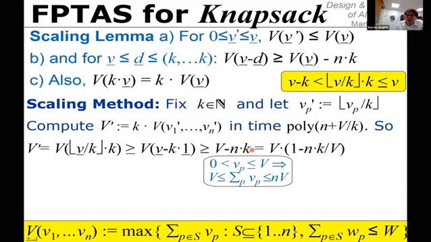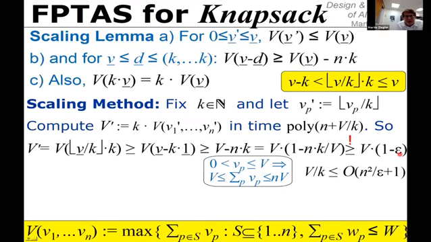And now we reformulate that as v times 1 minus something, and this 1 minus something is going to be our epsilon, right? So we want to achieve approximation ratio 1 minus epsilon, which means that the solution we return should have value at least the optimal solution v times 1 minus epsilon, and 1 minus epsilon is the approximation ratio.